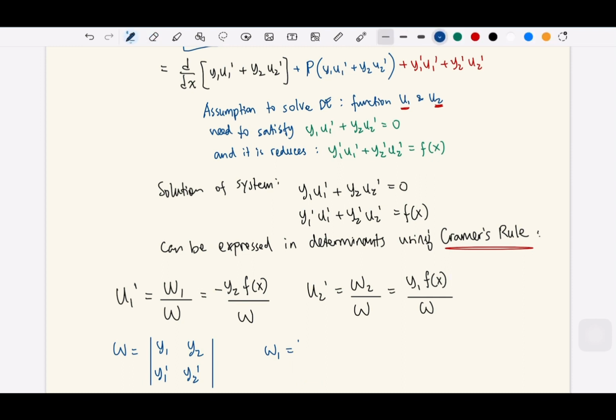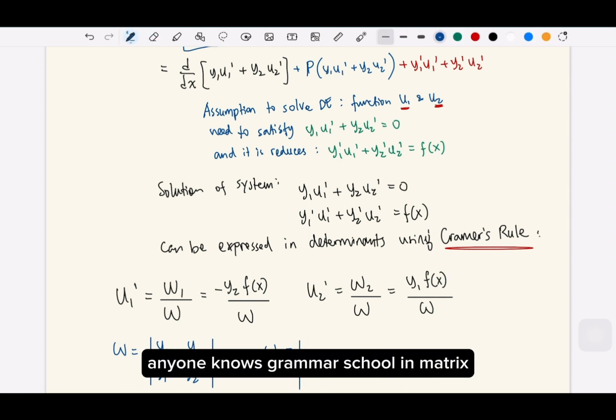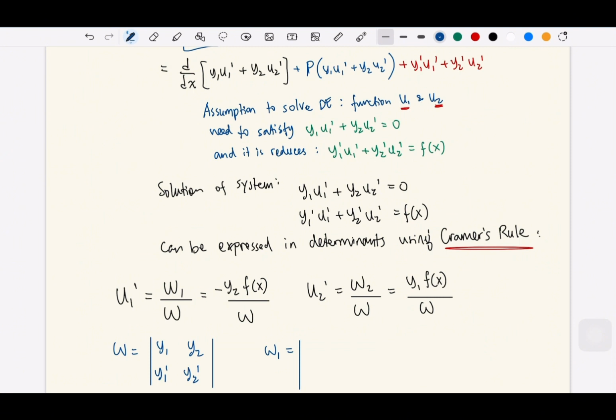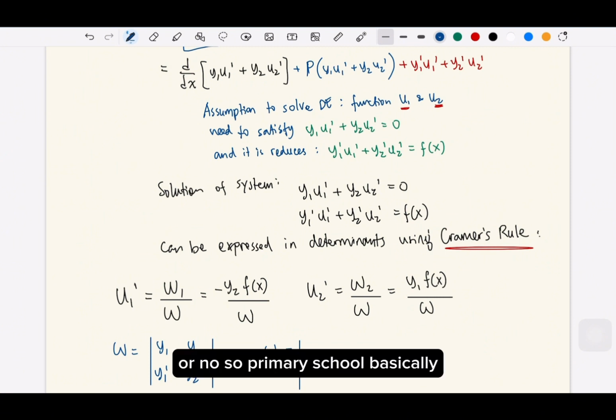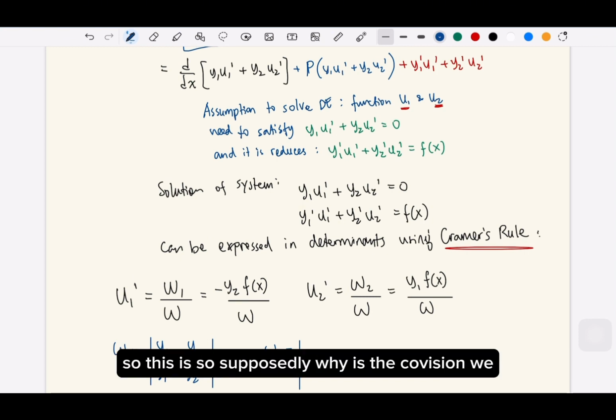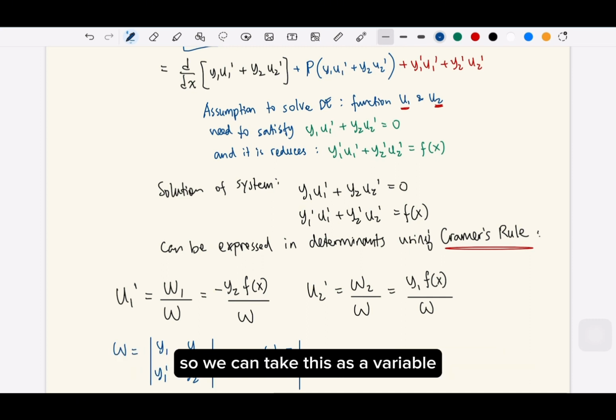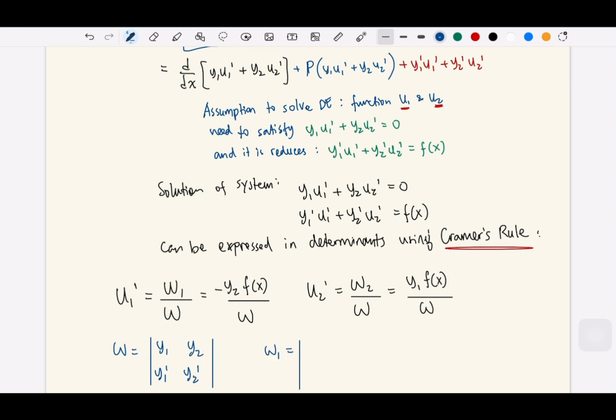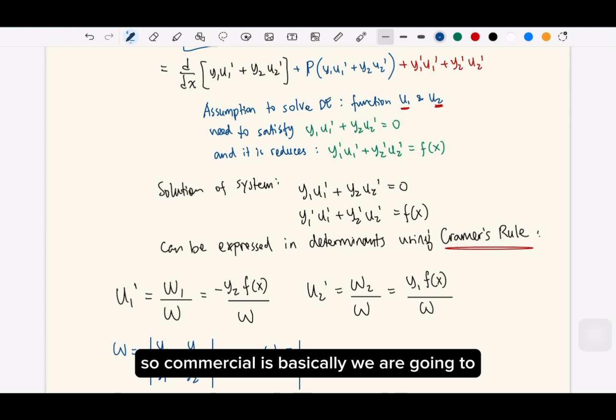Does anyone know Cramer's rule in matrix form? Or do you not remember? Cramer's rule, we usually write in terms of matrices. Suppose the y's are the coefficients, because we want to find u, so we can take that as the variable. Cramer's rule is basically a division between determinants.